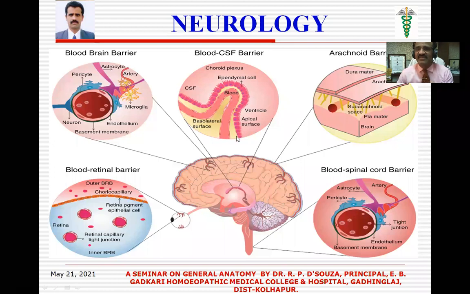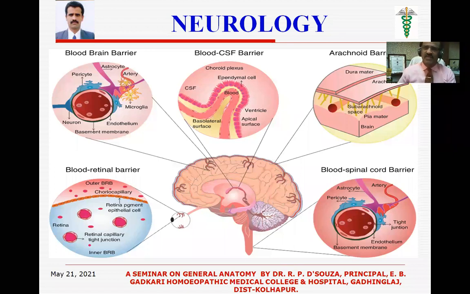So it's the brain surface here, and here you can see the ventricle, choroid plexus and ependymal cell. Arachnoid barrier, and the blood-retinal barrier towards the eye, because the retina is part and parcel of nervous tissue. Blood-spinal barrier. So wherever there is nervous tissue, there is a barrier, and this barrier will protect the brain and different parts of the brain.